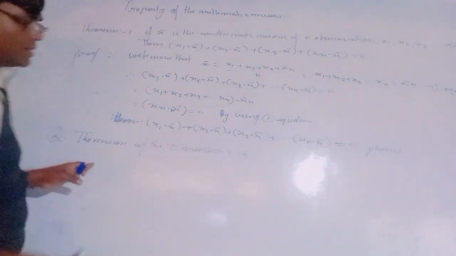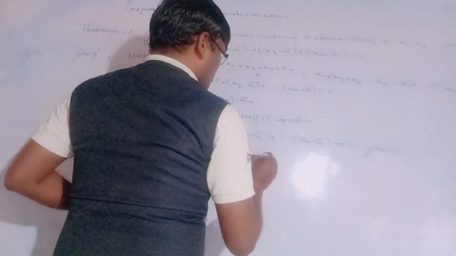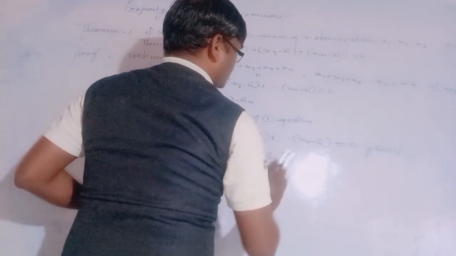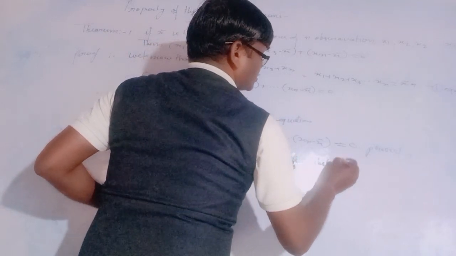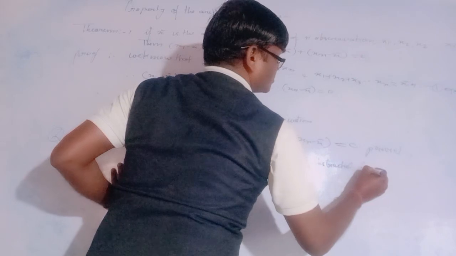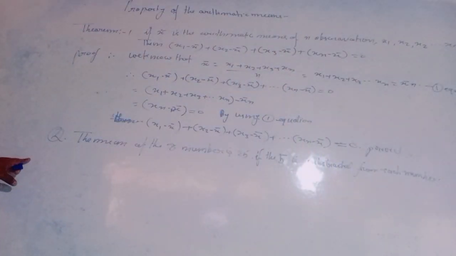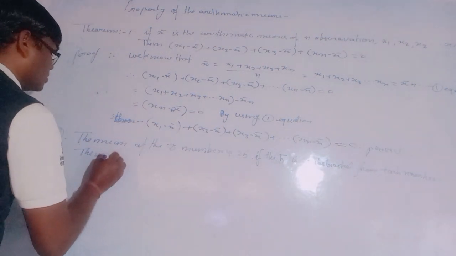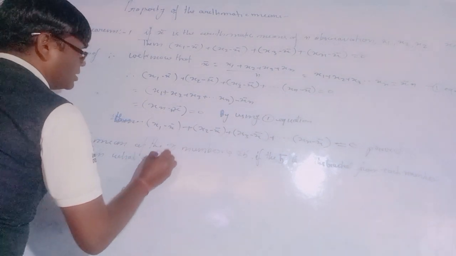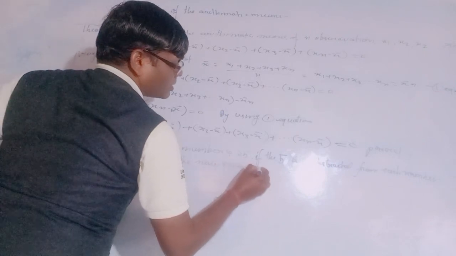If 5 is subtracted from each number, then what will be the new mean? What will be the new numbers?